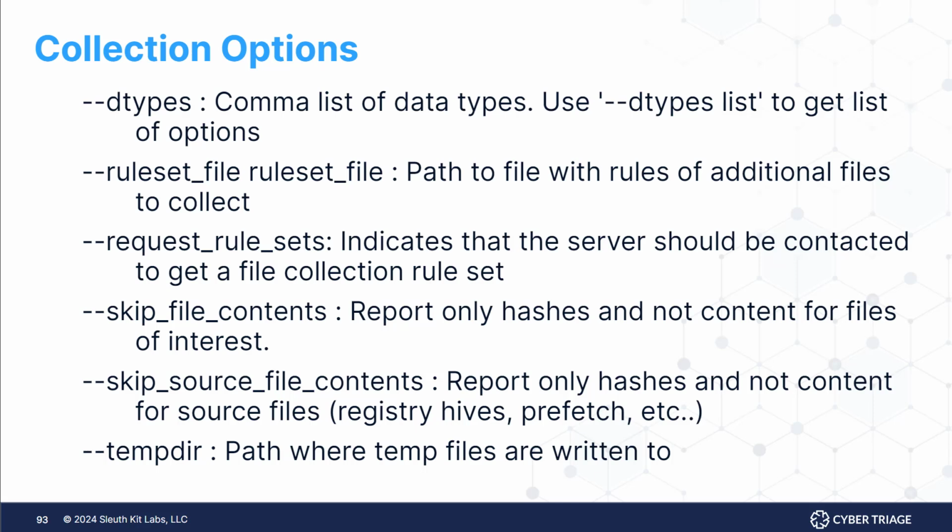Now, the next 2 options are super important because they can massively reduce the size of that JSON file and also the time it takes to collect. Obviously, reducing the size also reduces the time it takes to transfer it over the network. Starting with skip file contents. When we talk about skipping file contents, we're talking about the files that are collected by Cyber Triage as being potentially relevant to an investigation.